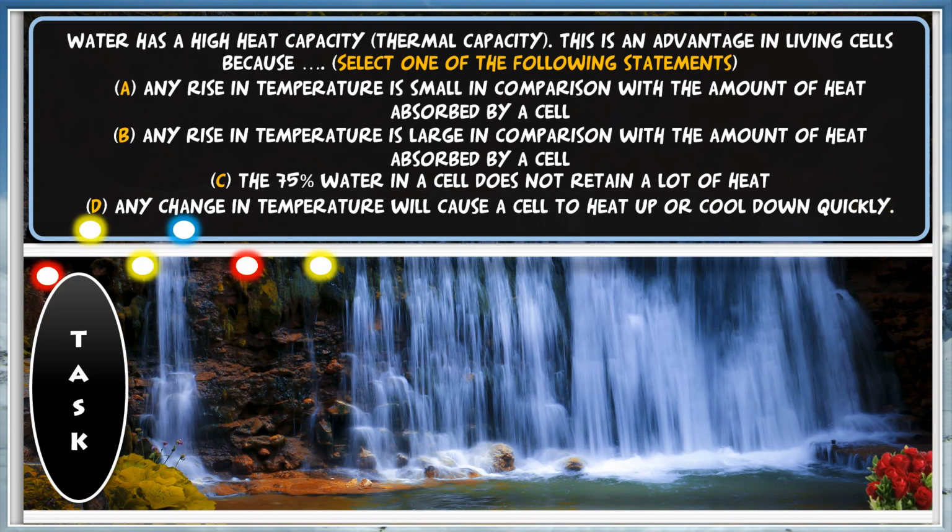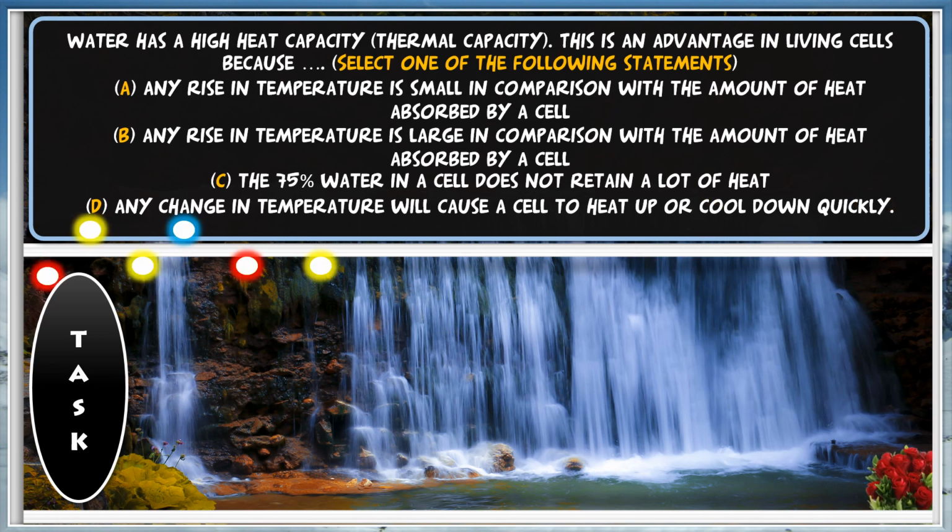B. Any rise in temperature is large in comparison with the amount of heat absorbed by a cell. C. The 75% water in a cell does not retain a lot of heat. D. Any change in temperature will cause a cell to heat up or cool down quickly.